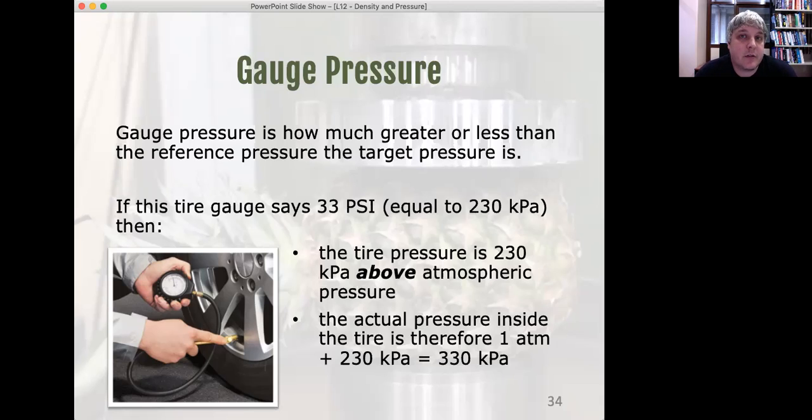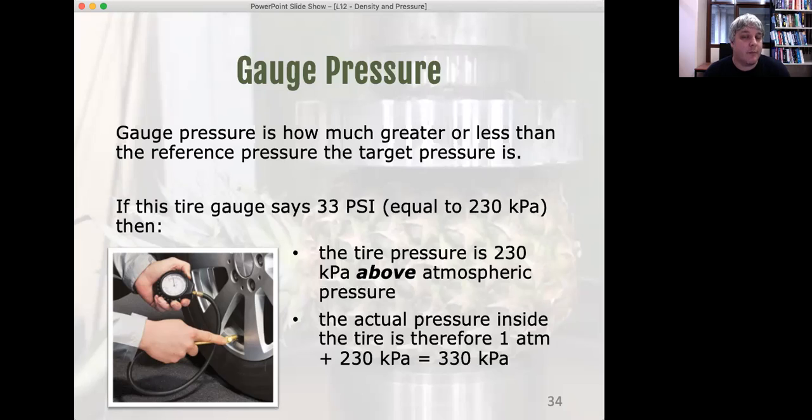And that's useful information because that determines how the tire and the atmosphere will interact, because atmospheric pressure is always pushing on the outside of the tire. So the tire pressure inside being greater, how much greater it is determines how that tire will behave. So that's actually the bit of information we care about.